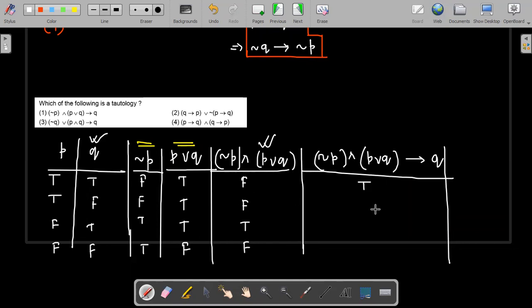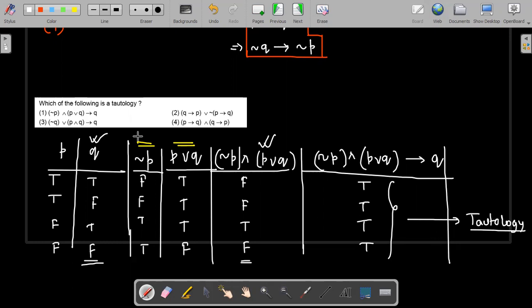A false person with no problem, a false person remaining a false person, a truth person becoming a truth person, always very good. A false person becoming a false person, remaining false, so truth. So you see, this is the tautology, all are truth.